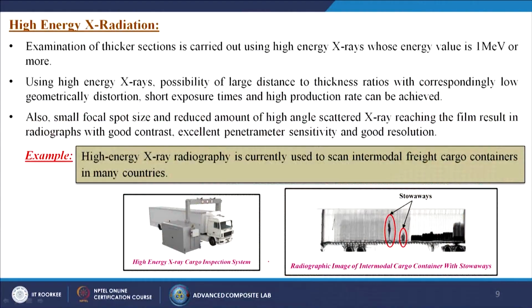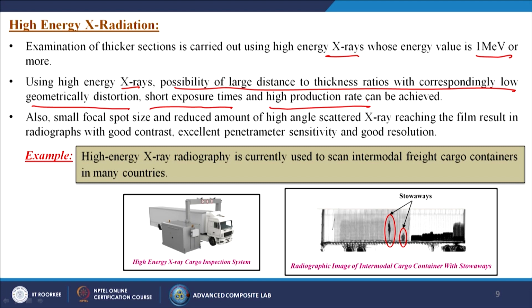High energy X radiation. Examination of thicker sections is carried out using high energy X-rays whose energy value is 1 mega electron volt or more. Using high energy X-rays, large distance to thickness ratios with correspondingly low geometric distortion, short exposure times and high production rate can be achieved.